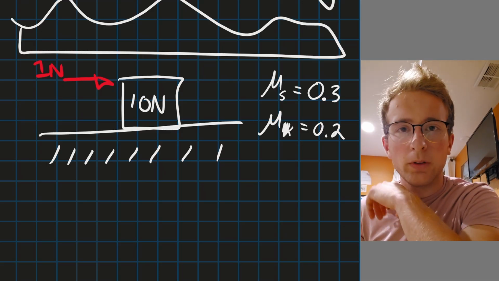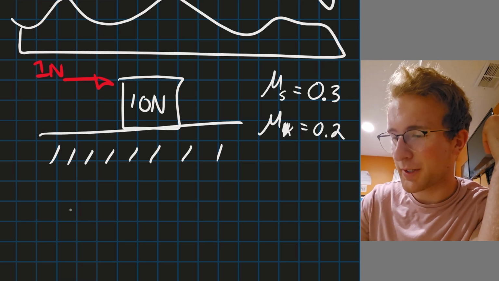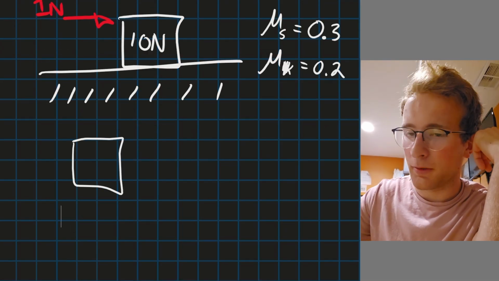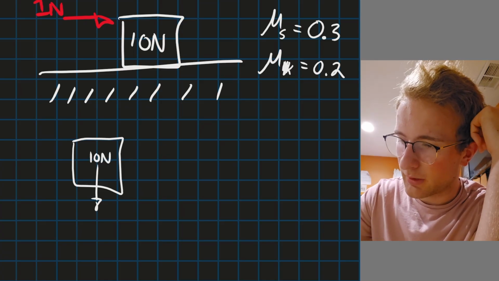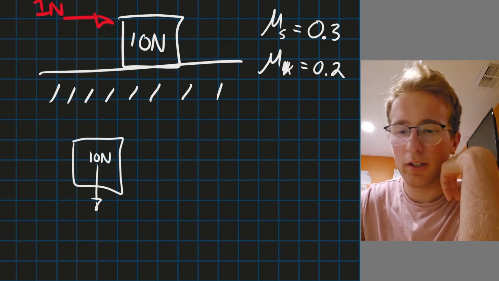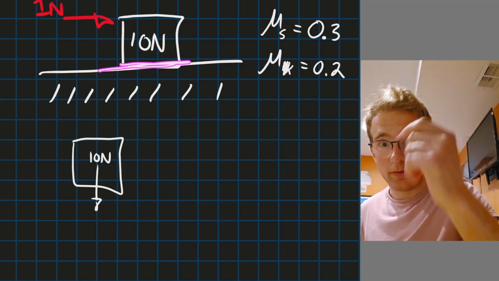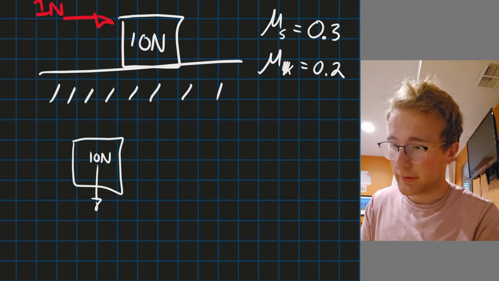Okay, what you do is draw a free body diagram, just like pretty much every problem in statics. Free body diagram: a force of the weight of 10 newtons down, it rests on the ground. So the ground can exert a force upwards, normal to the surface.